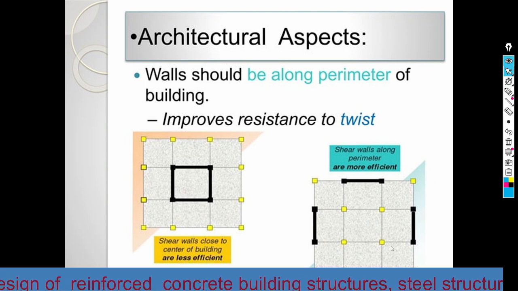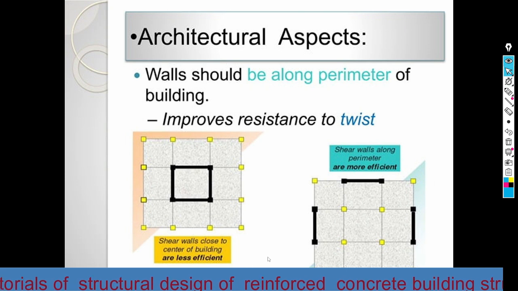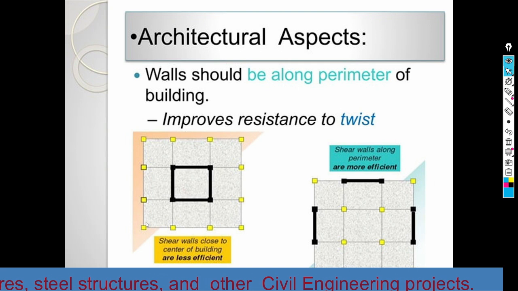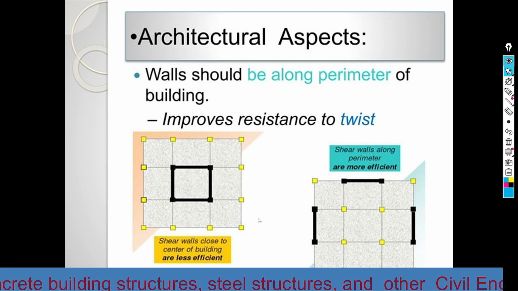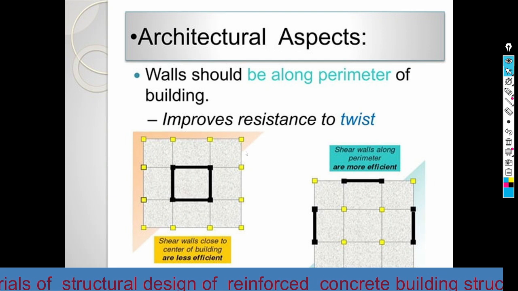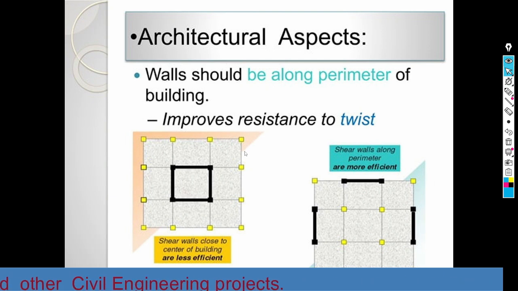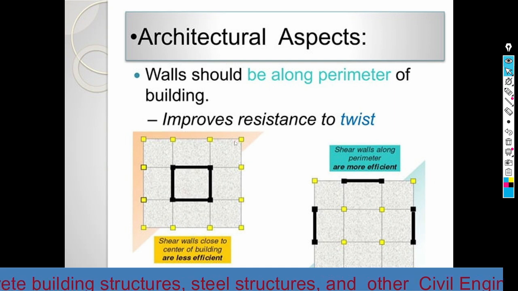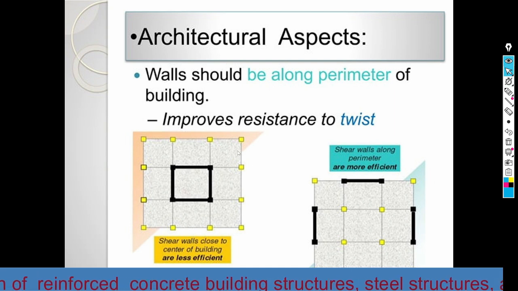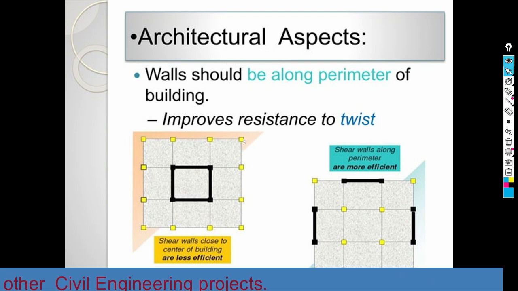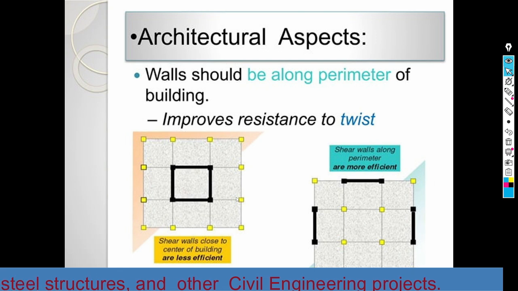That means the lateral and the torsional stiffness of this structure is higher than this structure. So this kind of structure will be translated laterally, or it will be subjected to rotation. So in order to increase the torsional and the lateral stiffness of the structure, we need to provide the shear walls at the periphery of the building.